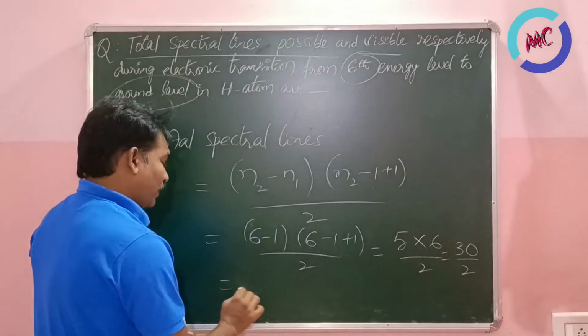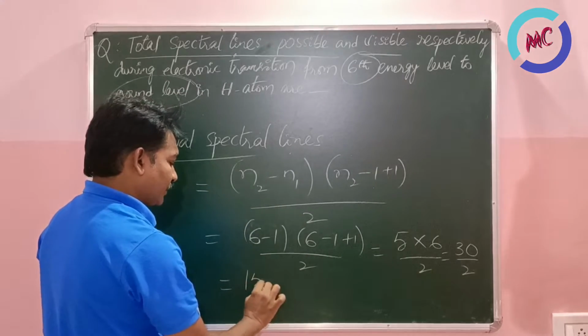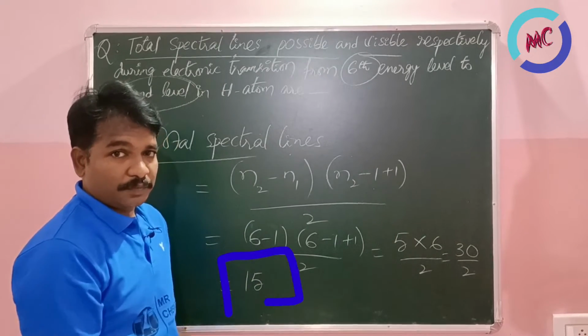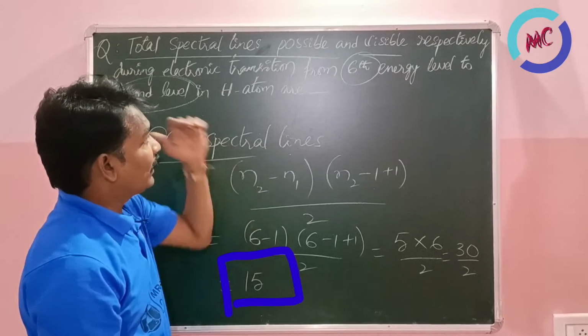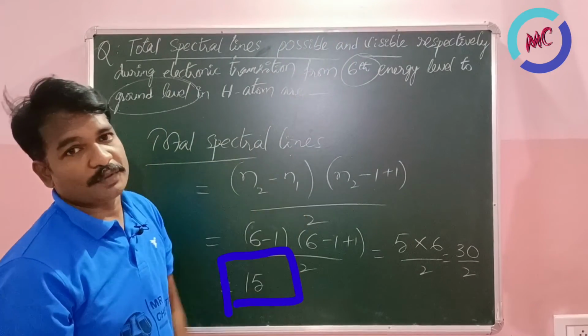Then the number of total spectral lines is equal to 15. There are 15 lines possible when a transition takes place from 6th energy level to ground level.